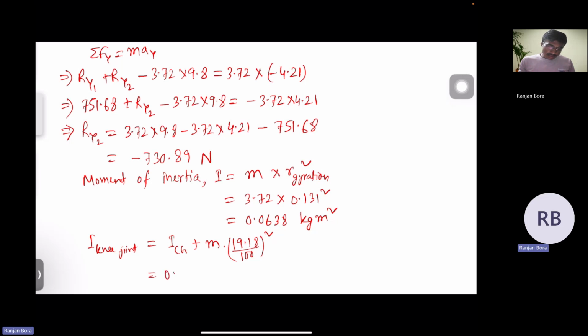I about CG is 0.0638 plus 3.72 into 0.1918 whole square, equal to 0.2 kg meter square.